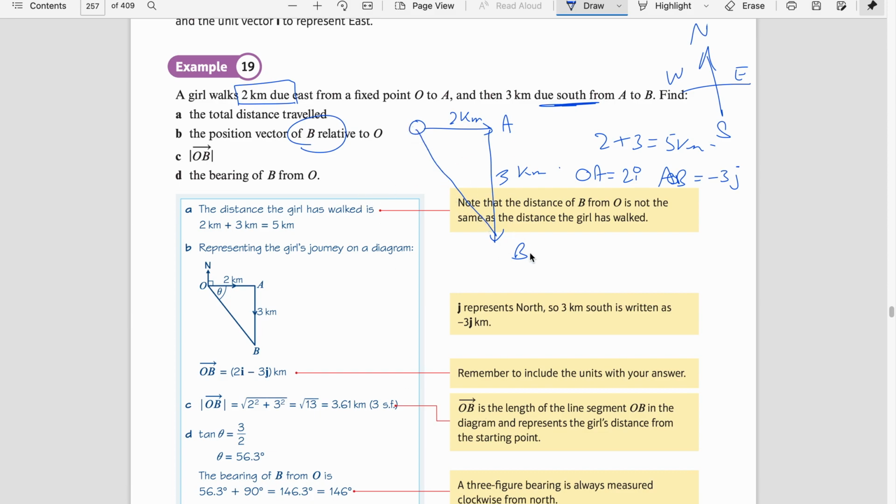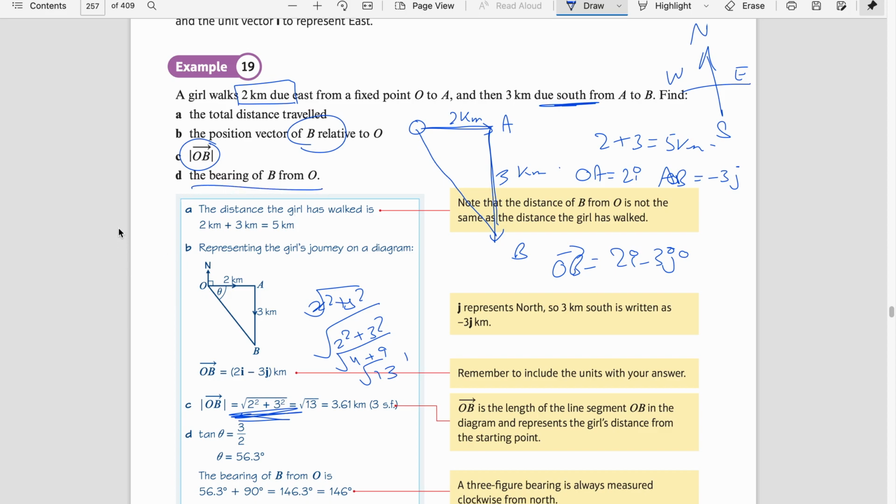So for OB, position vector of B, OB is 2i minus 3j. Then the magnitude of OB, magnitude is always simple, square root of x squared plus y squared. We have 2 and 3, so square root of 2 squared plus 3 squared, 4 plus 9, square root 13.